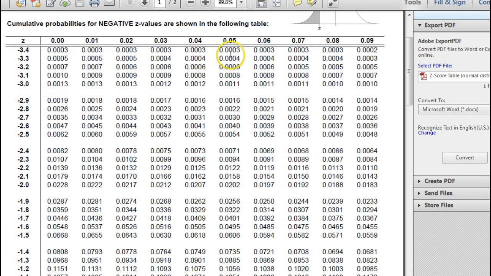And here it is right here. Negative 1.5. Now if there were any other decimals like negative 1.53, that would have put me over here. But negative 1.5 with no extra decimals means we're just going to stick here at 0. So I'm going to turn this into a percent, which would be 6.68%.